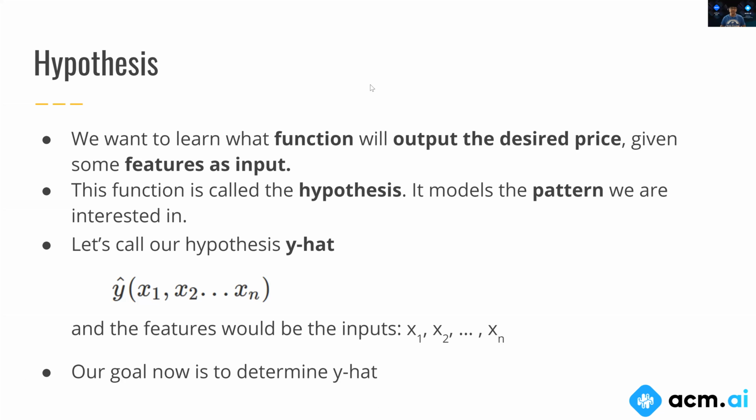We call this function the hypothesis, and as you can see, it's denoted by y hat. Again, it's important to draw this distinction between what our model gives us and the true value of our price.